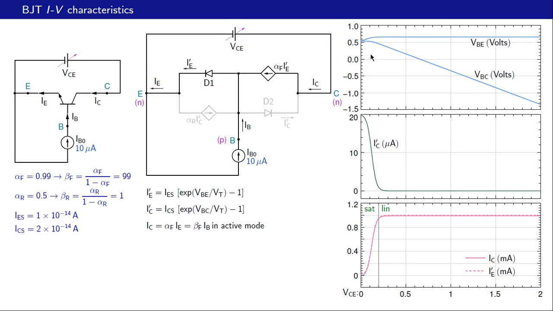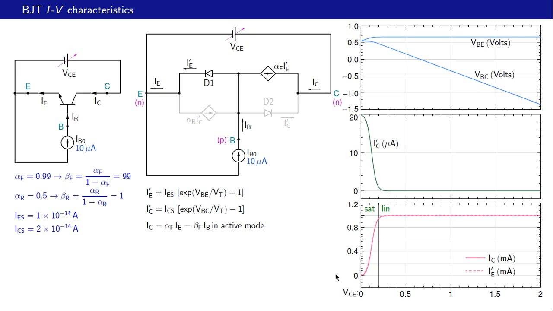Apart from that, there is also a slight reduction in VBE, as we see over there. And because IC is alpha F IE prime minus IC prime, this current is now decreasing because VBE prime is going down a little bit, and this current is increasing there. What happens is IC now starts going down like that.